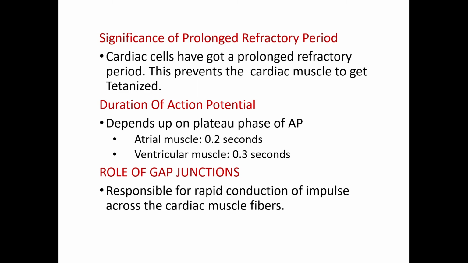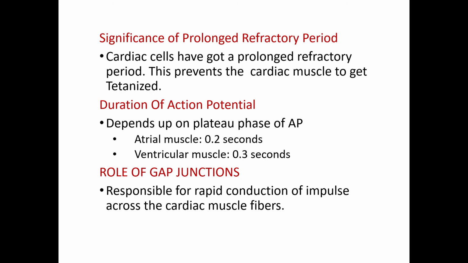Duration of action potential depends upon the plateau phase of the action potential in the cardiac muscle. In the case of atrial muscle, the duration of action potential is 0.2 seconds, and in the case of ventricular muscle, it is 0.3 seconds. And we have already discussed the role of gap junction.